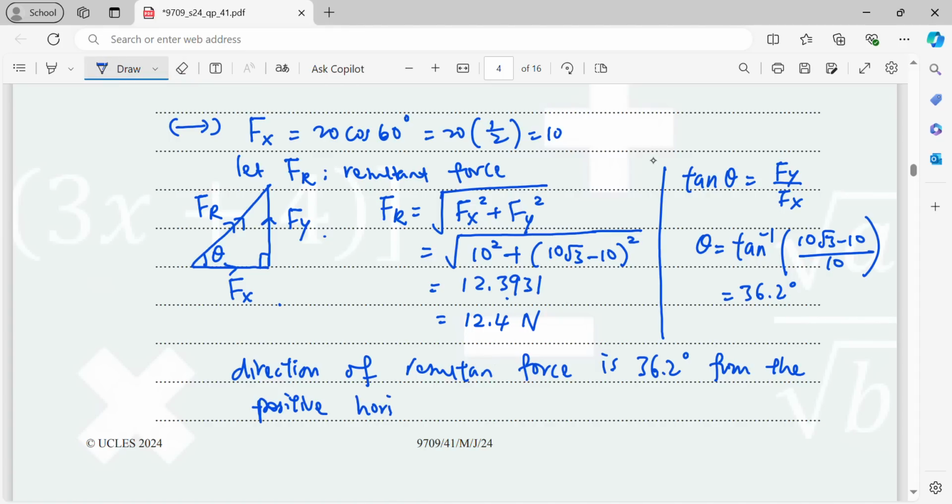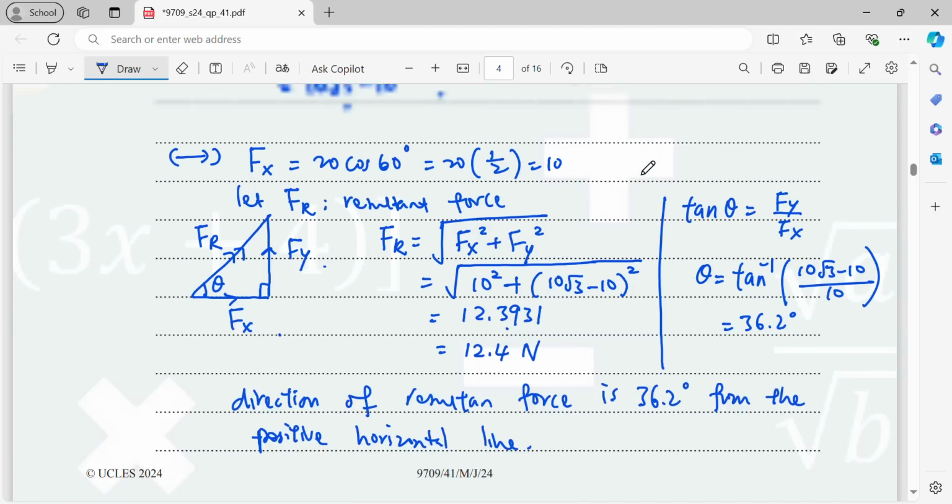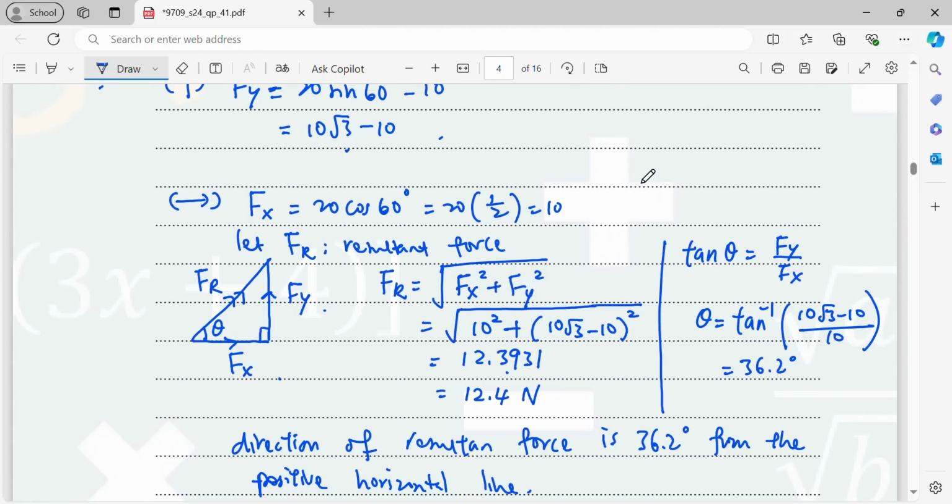Okay, so that is done for this resultant force and its magnitude.